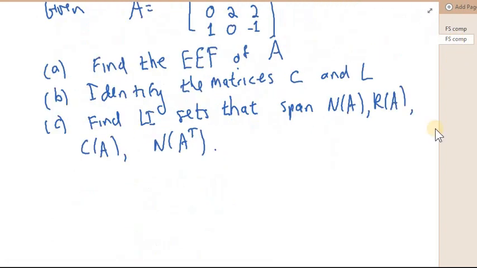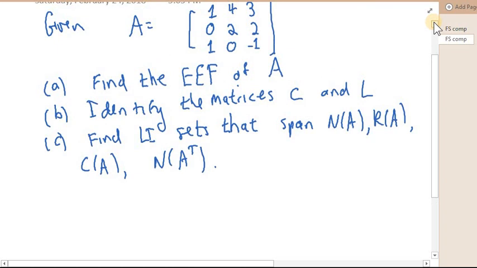Here, let's go back and go here. Okay, so A was 1, 4, 3; 0, 2, 2; 1, 0, -1. Okay, so let's see. We're going to have to eliminate the 1 there.